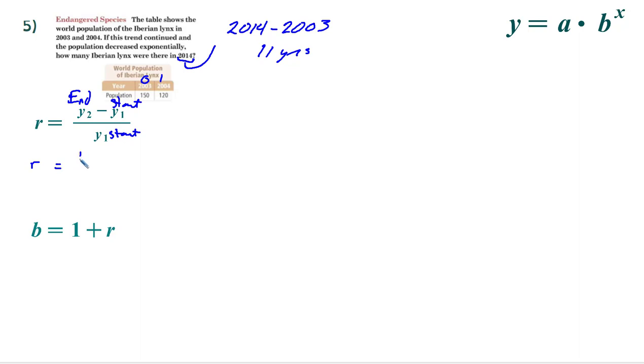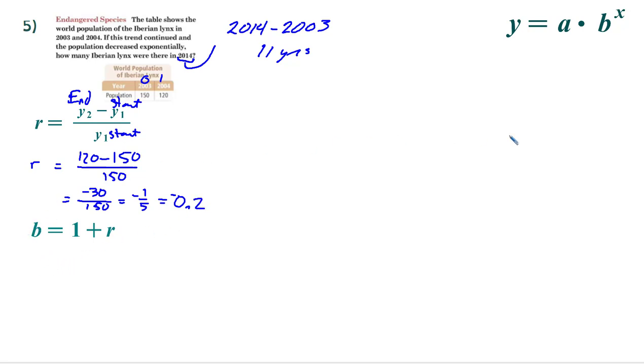And so our end was 120, our start was 150, divided by 150. And when we subtract that, we end up with a negative 30 divided by 150, which gives us a negative 1/5, which when I convert that over to a decimal is a negative 2/10.